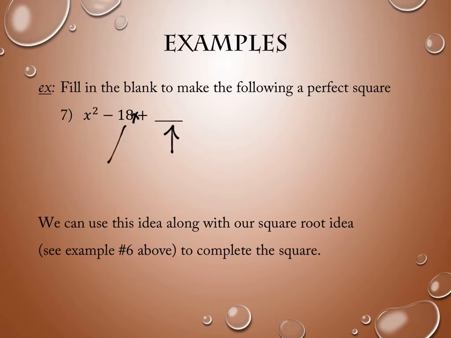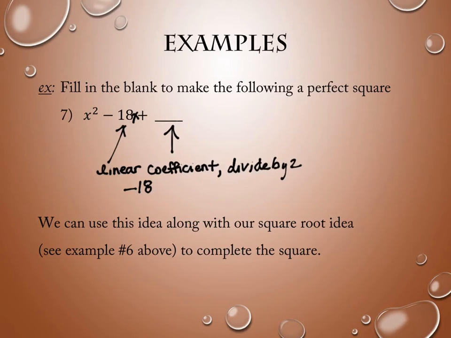So this is one of those pattern kind of things. You take the linear term, linear means the term multiplied by x, I should say linear coefficient. I just want the number. So in our case, this is negative 18. You divide by 2, and you square it.